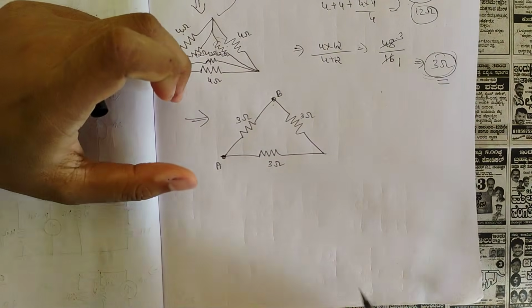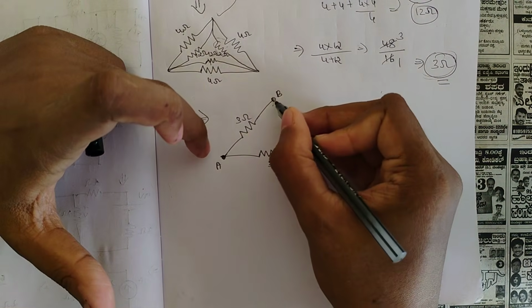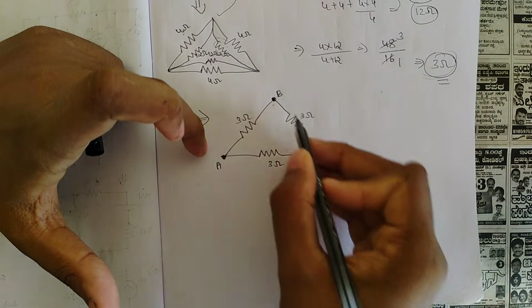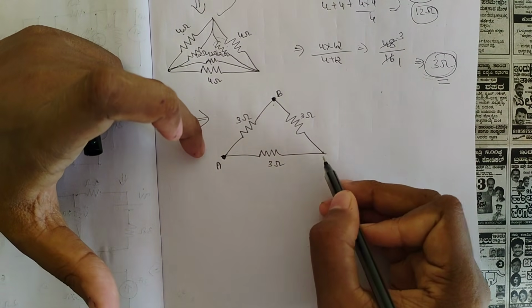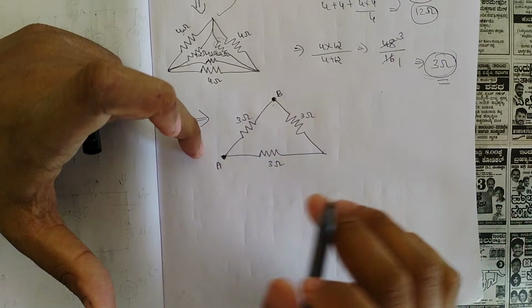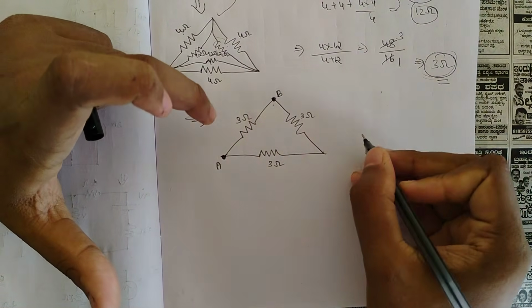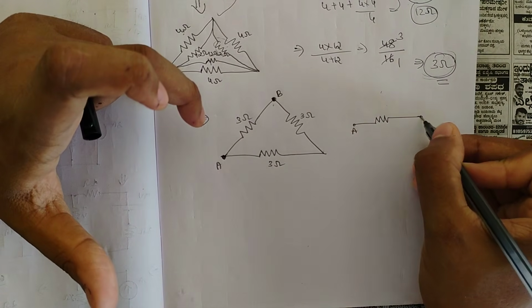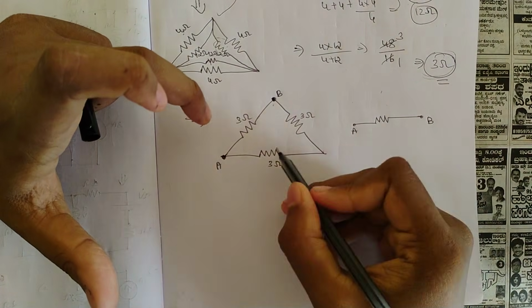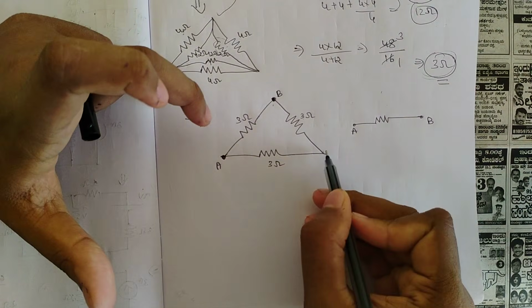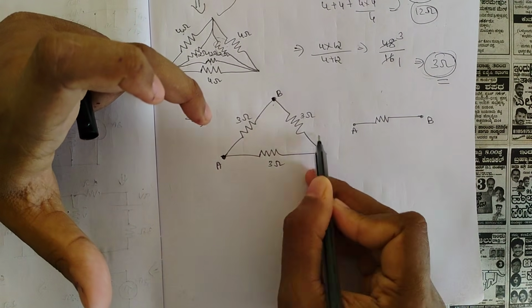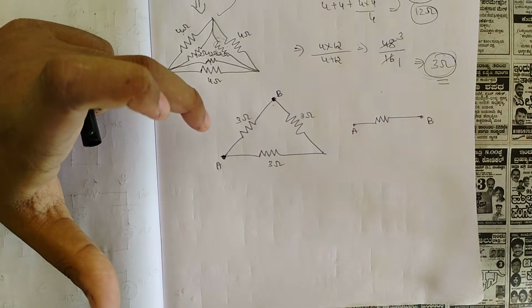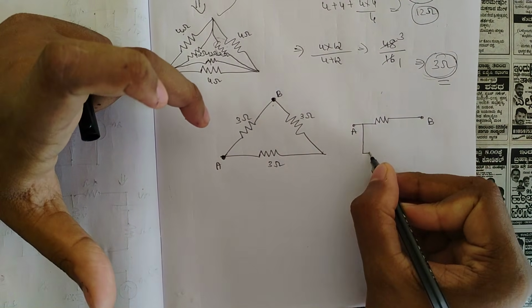Here we can see that these are the two branches, and they are meeting here, but this point is not a terminal. So just write it like this, A, B, and these two. Since this is not a terminal, we can say that these two are in series.